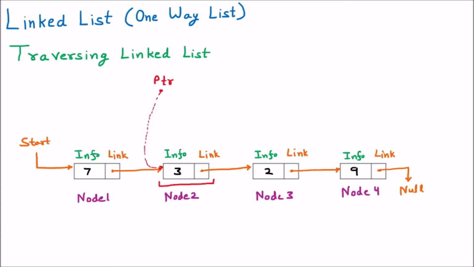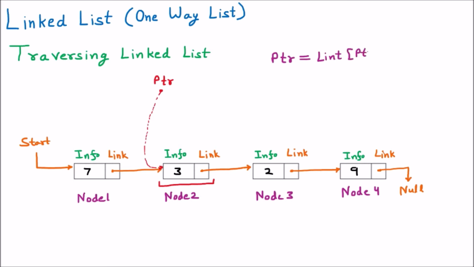So what should I do so that this pointer goes to the address of the next node? The line which I will write is: PTR equal to link of PTR. That is very interesting. PTR is equal to link of PTR.